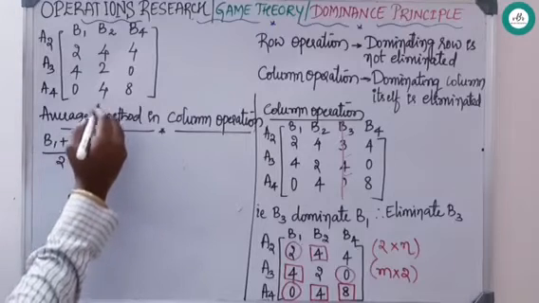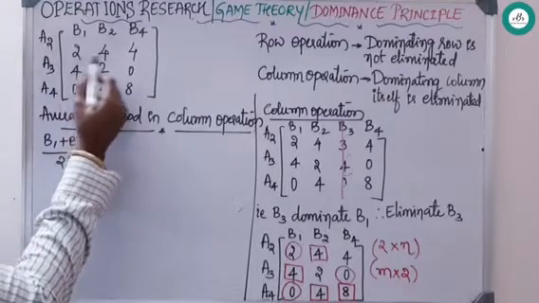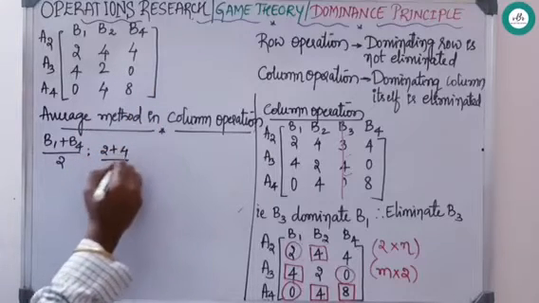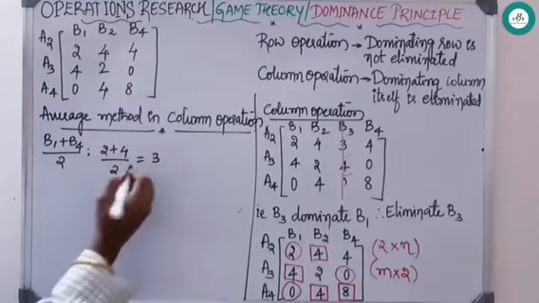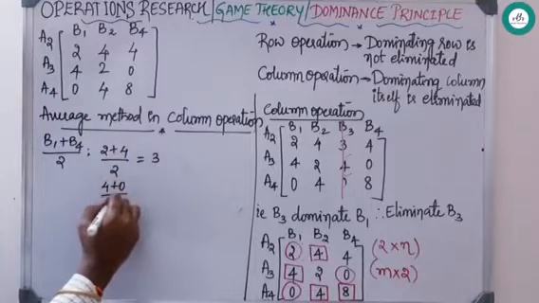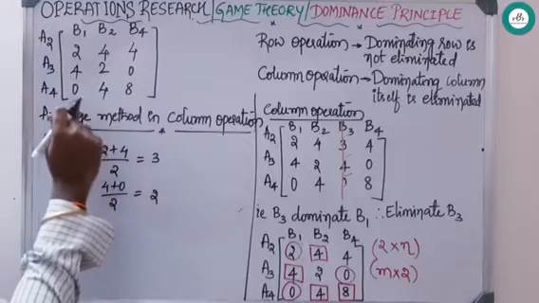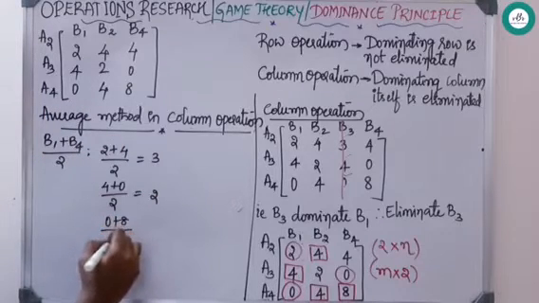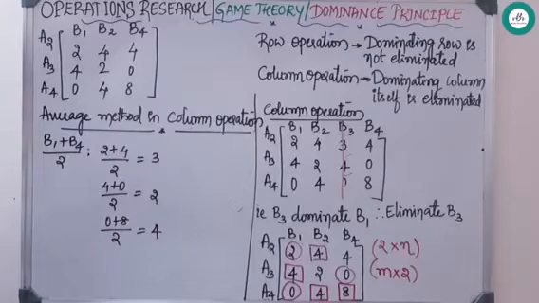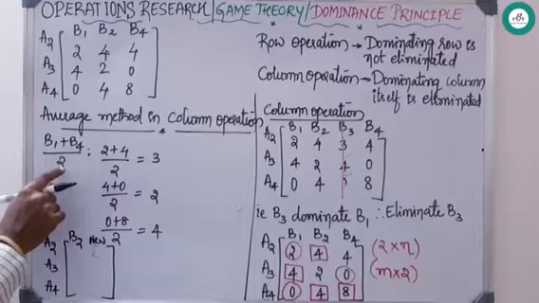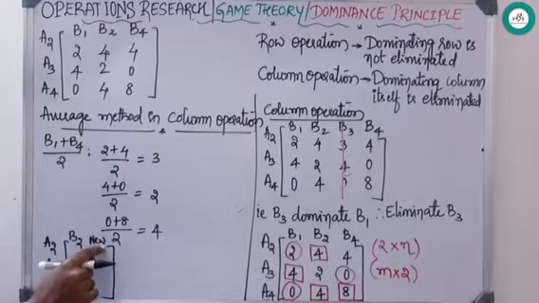That is 2 plus 4 divided by 2 is 3. 4 plus 0 divided by 2 is 2. 0 plus 8 divided by 2 is 4.